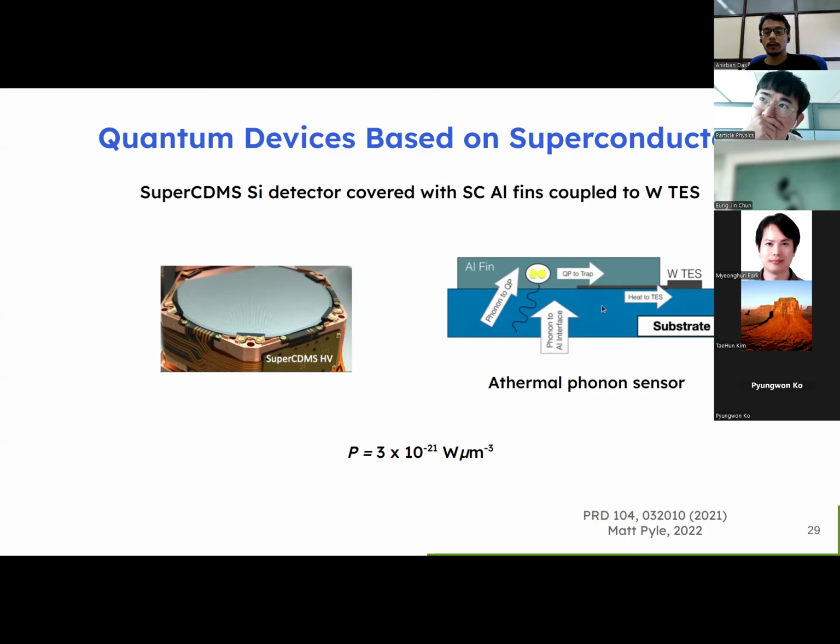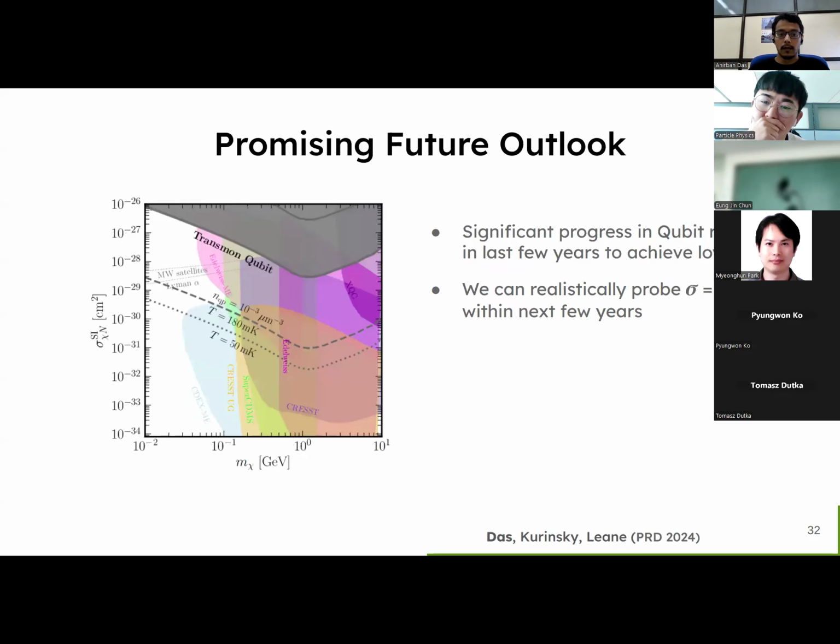In most advanced transmon qubit experiments, the temperature is of the order of a few millikelvin. But if you do the calculations for the quasi-particles coming from the dark matter and from the thermal, the thermal density is already gone below 50 millikelvin. So the curve will not change if you take, let's say, 1 millikelvin here. It will be the same.